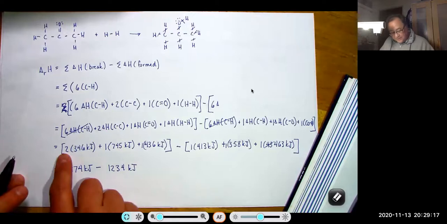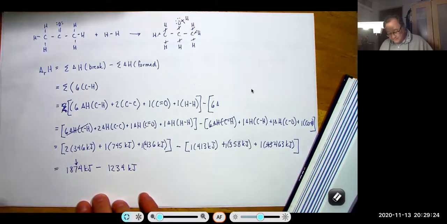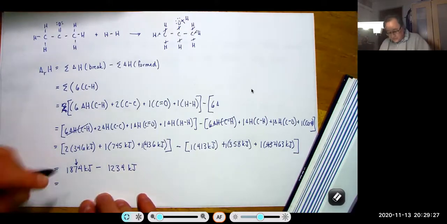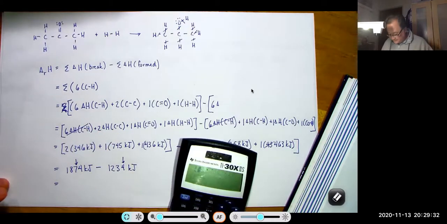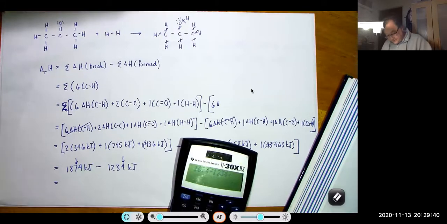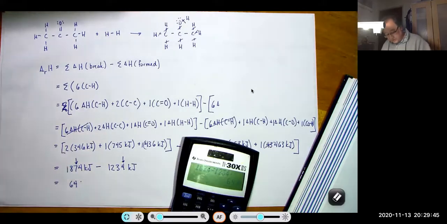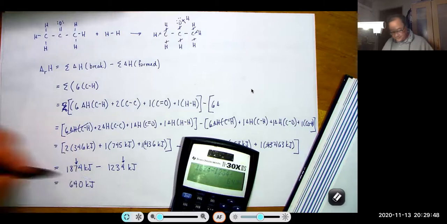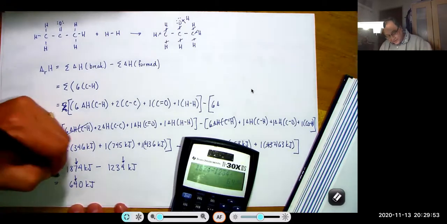Now here, this times this is over 1,000. And we get 3 sig figs, so this number is only going to be good to there. This number, however, is good to here. When we do the subtraction here, we get 640 kilojoules. Okay, and this is only good to the tens, so there's our answer.